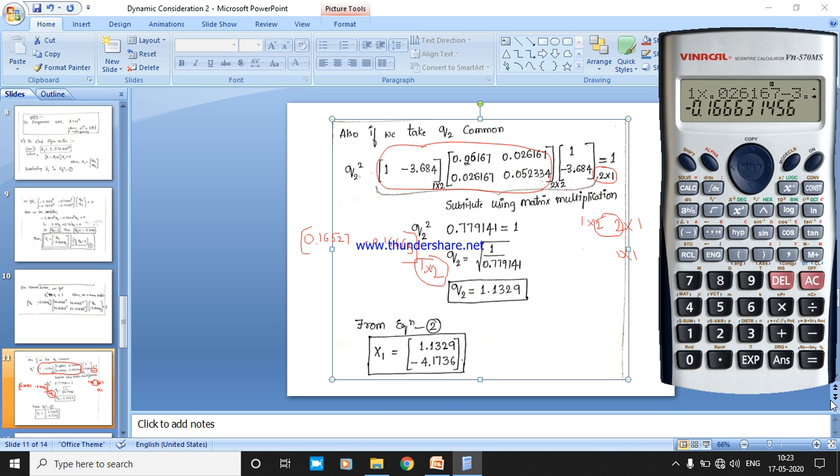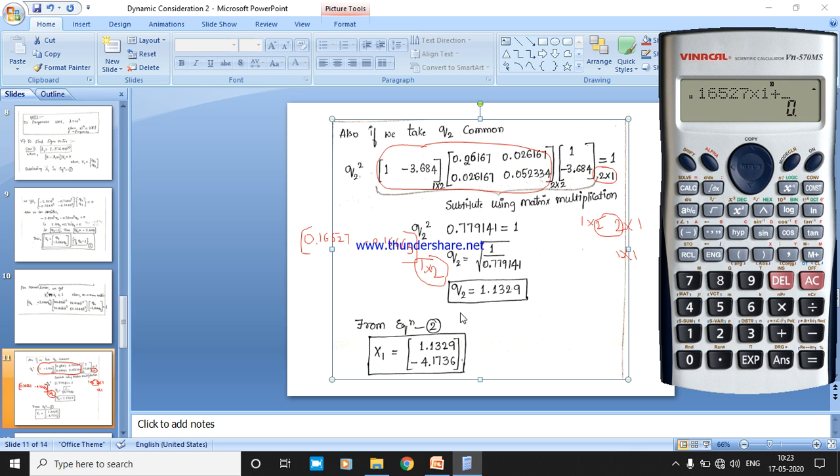So this 0.167 into this one value, again this minus, here minus of minus becomes plus.